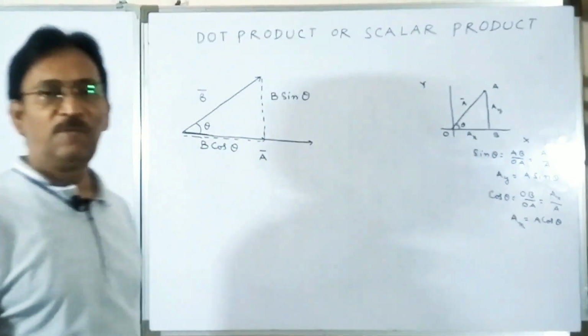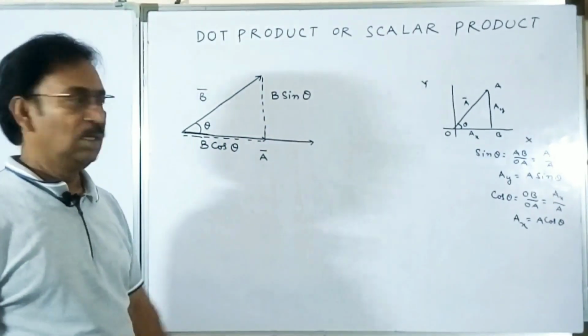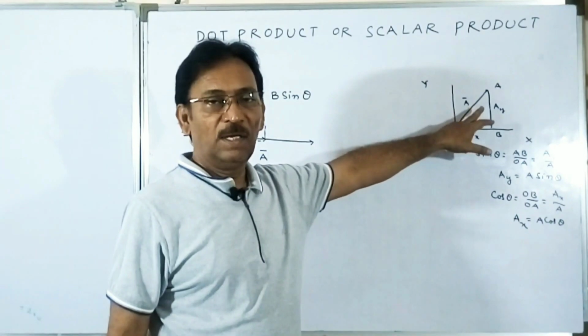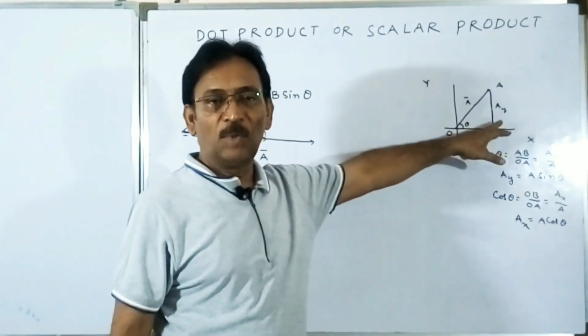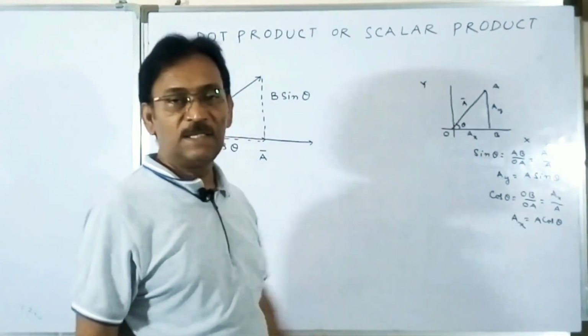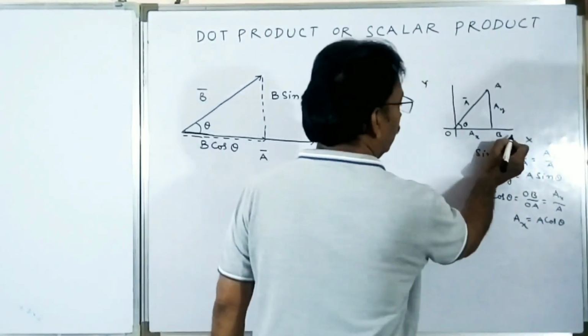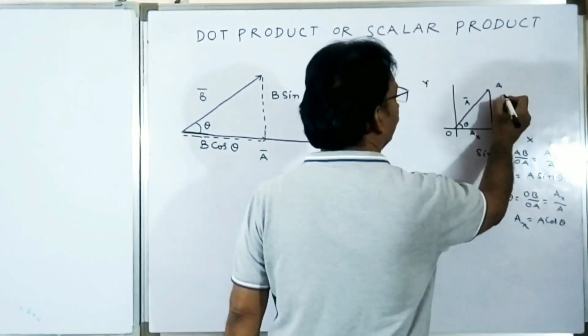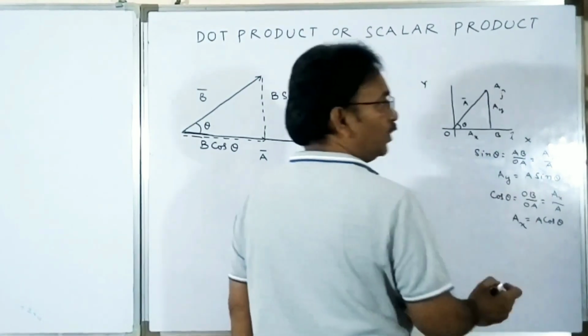It is the actual process of resolution of vectors. We resolved a vector A bar into two perpendicular components. Along the y-axis we set it as AY and along the x it is AX. And if you write the unit vectors, it is i cap and j cap.